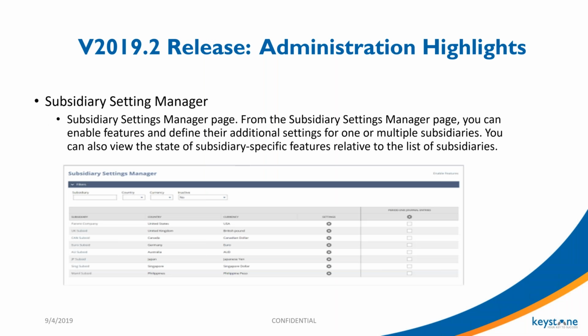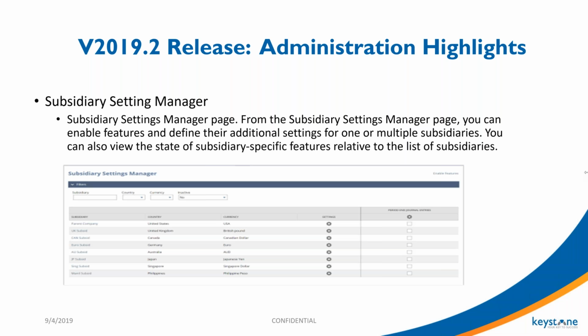Sure, thanks, Seth. The first thing we should talk about in this release is the Subsidiary Settings Manager, which is new to NetSuite. This is a new feature that allows you to have different post-close journal entries occur at a subsidiary level. So rather than having everything the same at the company level, you can go into this setup page right here and set the subsidiary post-close journal entries.